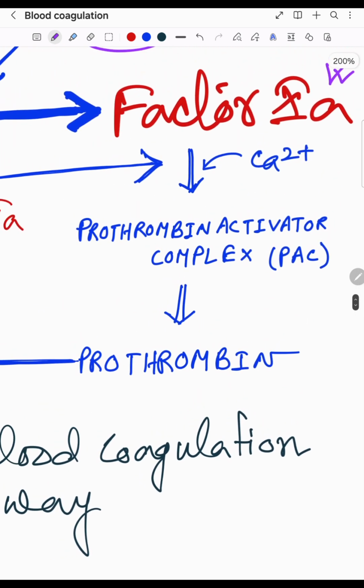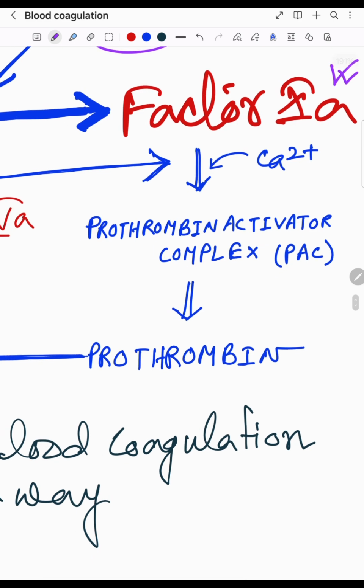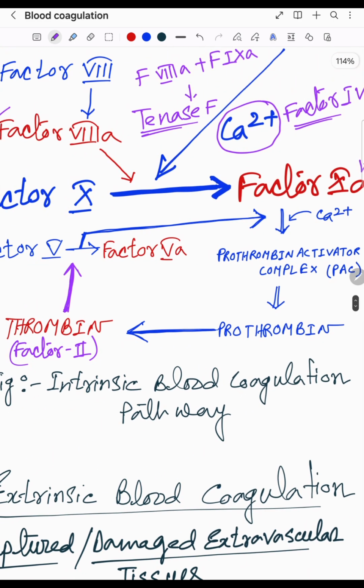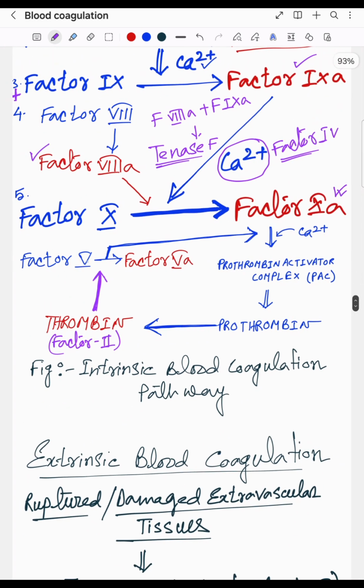Okay, from factor 10A in presence of calcium and another factor, that is factor 5A. Here is the activation of factor 5 to 5A, and again factor 5A and factor 10A in presence of calcium, they will activate prothrombin activator complex.